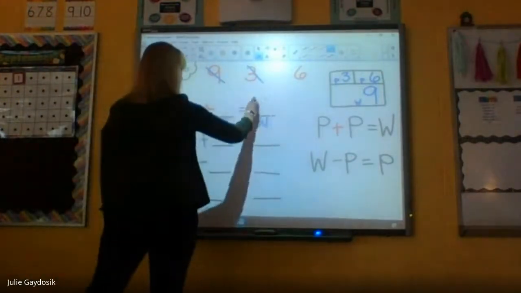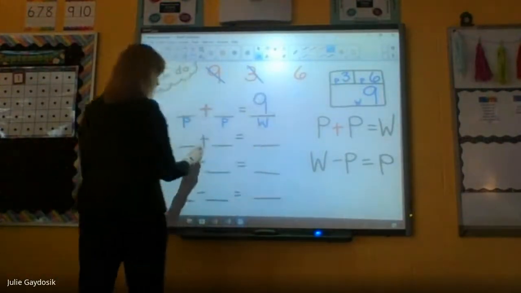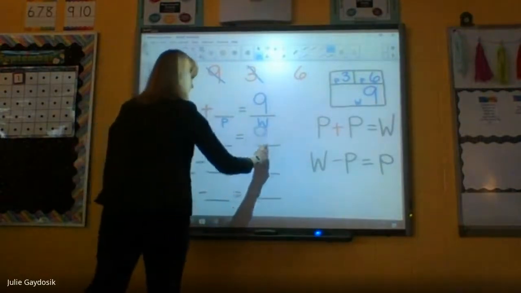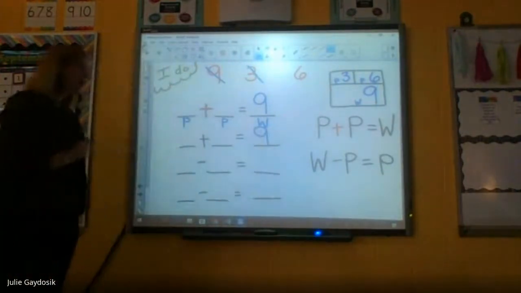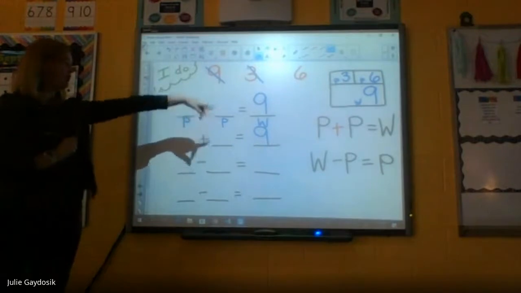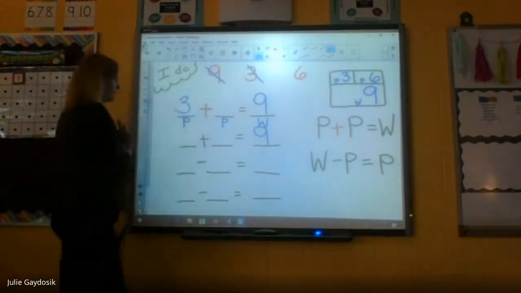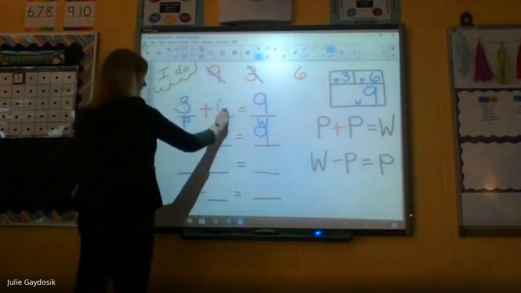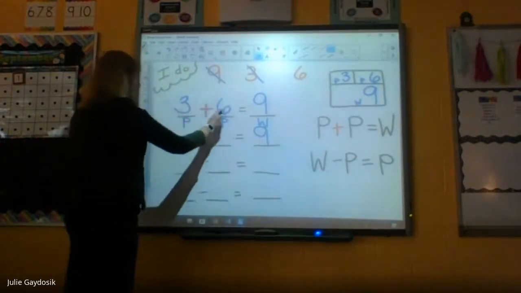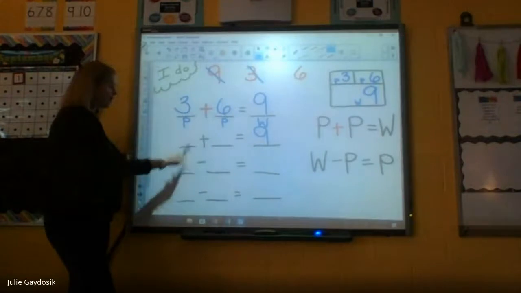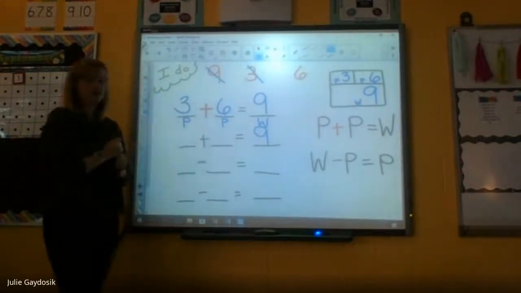So our whole we know is 9. So I'm going to put 9 here, and this is also addition, and I'm going to put 9 here. Now, it says part plus part equals 9. So one of my parts is 3, and another part is 6. So 3 plus 6 equals 9. Now, am I going to write 3 plus 6 equals 9 again?